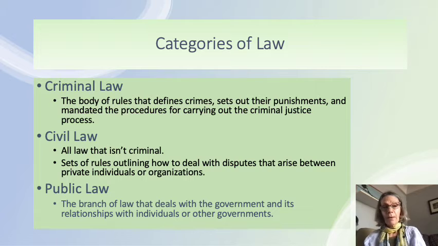But broadly, you can think about public law as also criminal law, and criminal law being sort of a subset of public law, because public law is also about this relationship between governments and individuals, okay? But mostly when we're talking about public law, we're talking about regulatory sorts of schemes. But we're mostly going to focus on criminal and civil law.